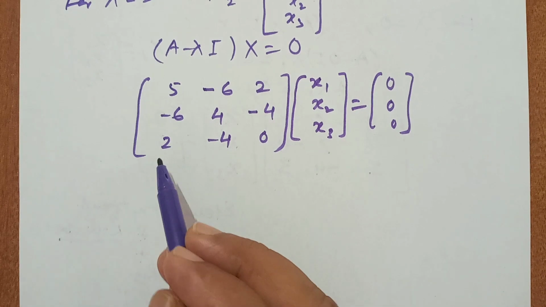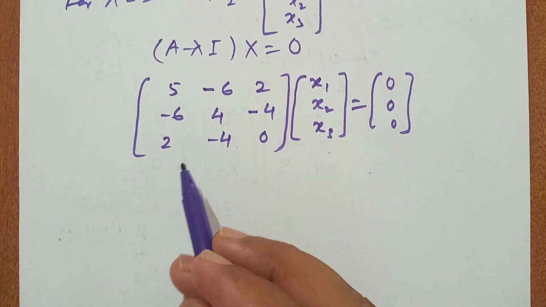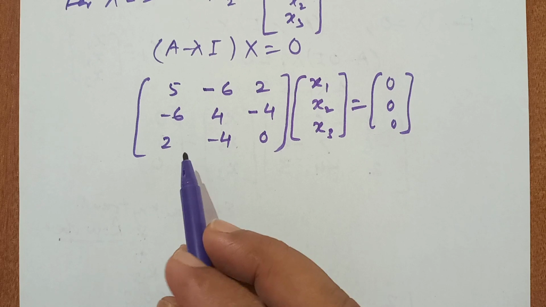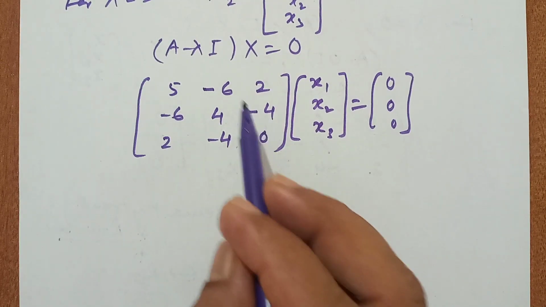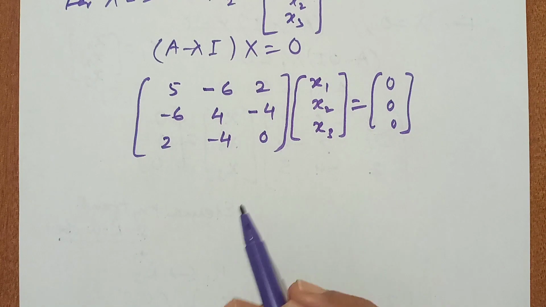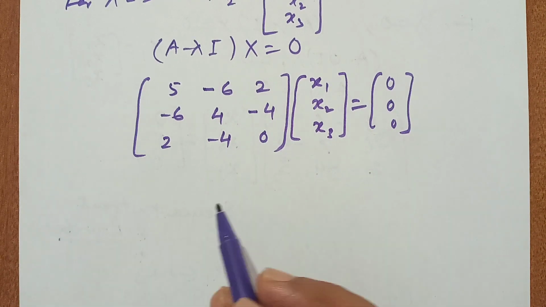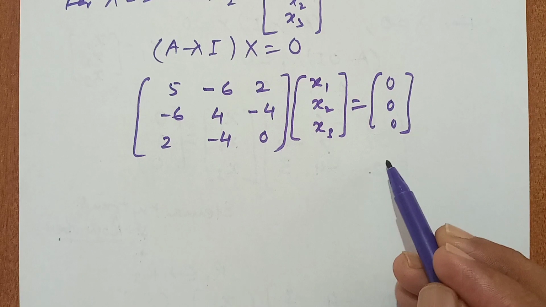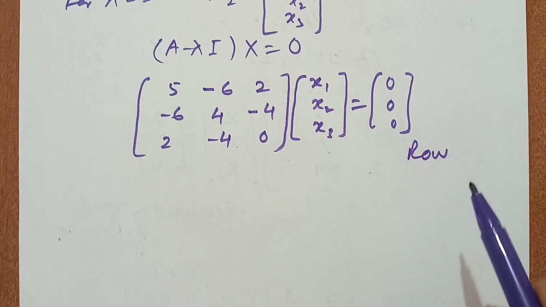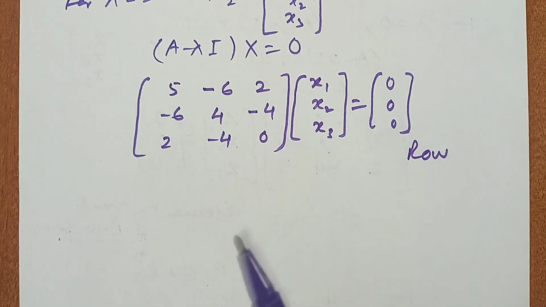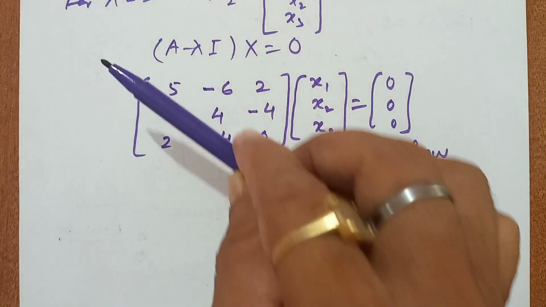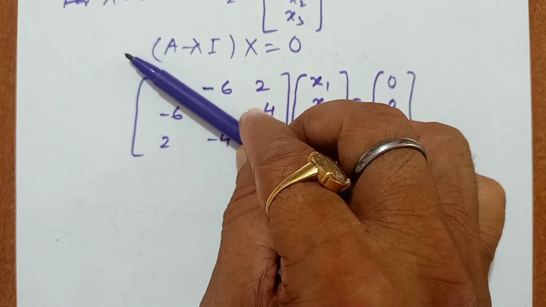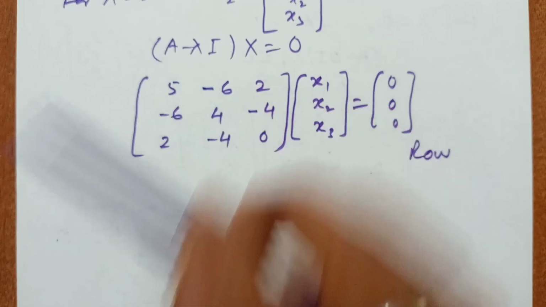Again, I want to calculate the rank of this matrix by the elementary transformation method. Before, I told you that we shall use only row operations, and our aim is to calculate the rank, meaning all the elements below the diagonal should be 0.